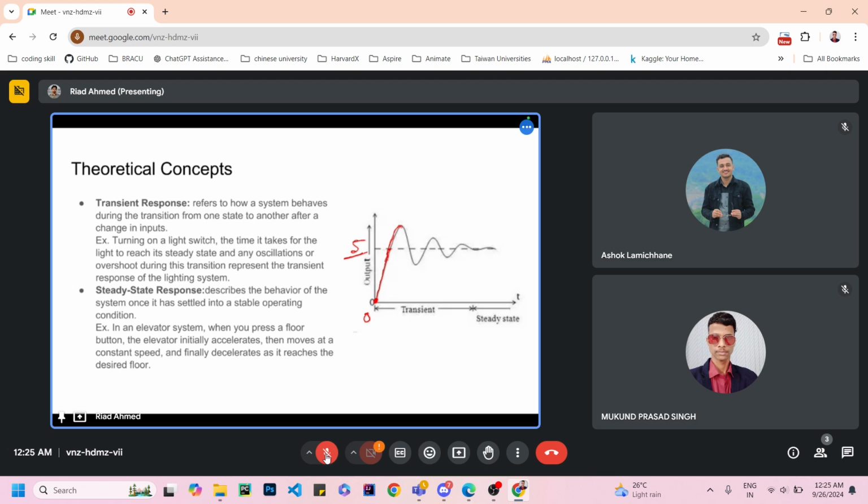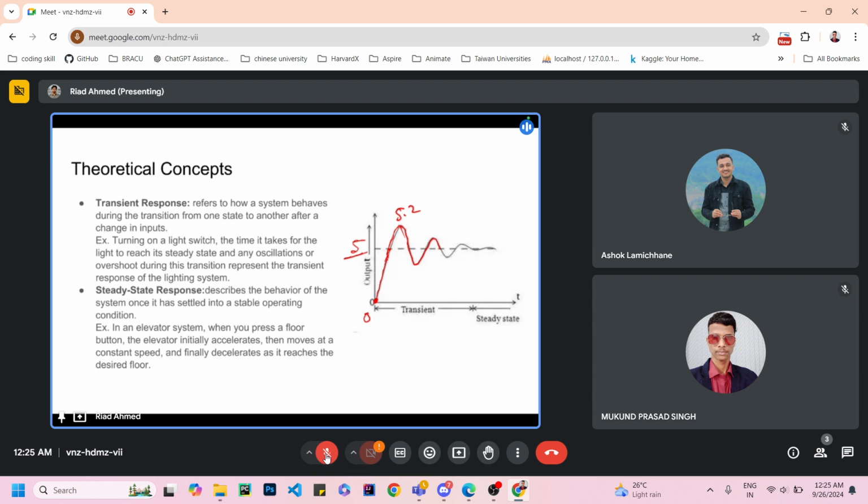Maybe it will achieve 5.2 first. Then it will realize that, oh no, I achieved more than I required. Then it will try to reduce the velocity, and that velocity will get reduced, and then it will get increased.